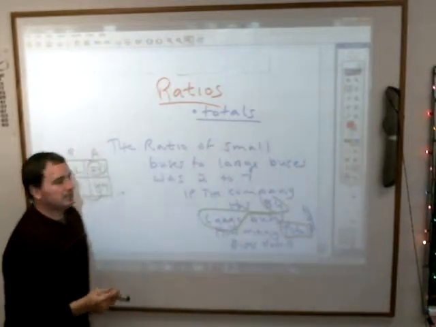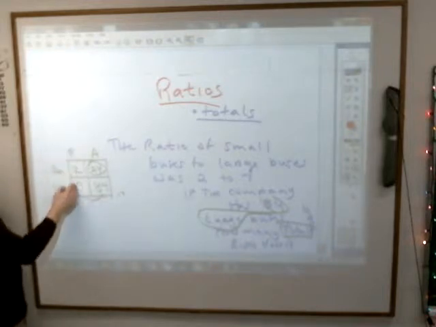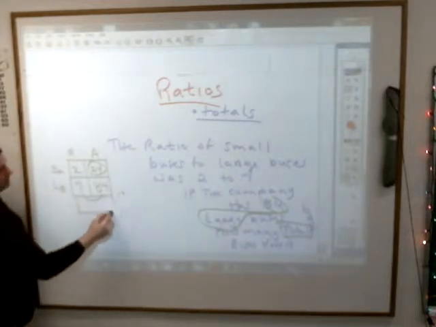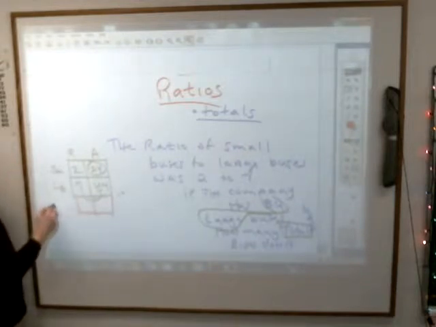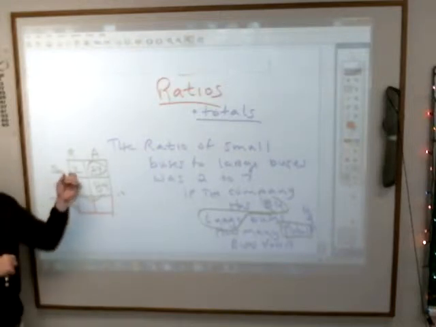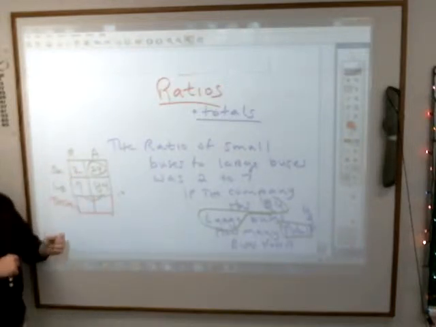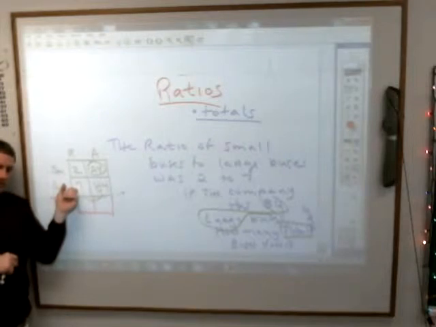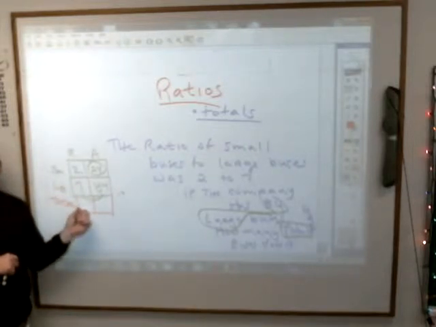Instead of having just 2 boxes here, you're going to add a third comparison ratio that is the total. Here's where people get confused. If I have 2 small buses and 7 large buses, how many total buses in that ratio do I have? 9.